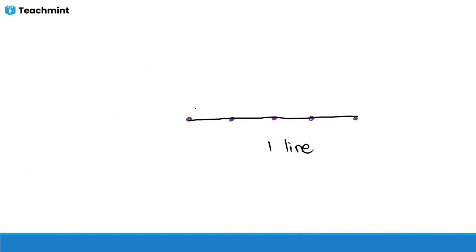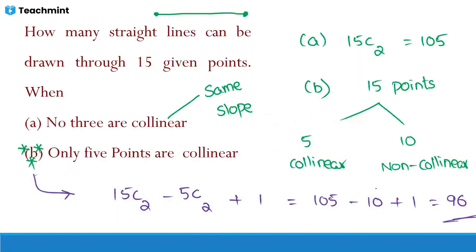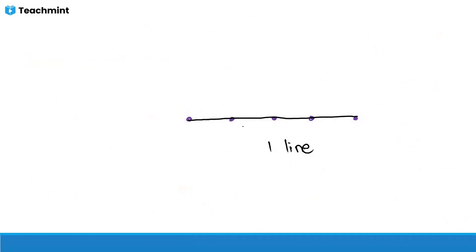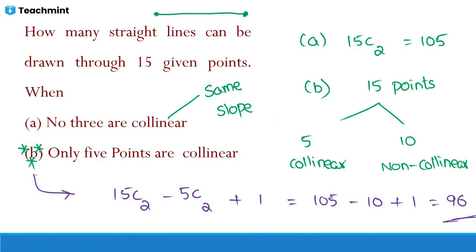So this is the reason. Here 10 is internally A to B, B to C, C to D, like that. Let's say these are the 5 points A, B, C, D, E. Don't say A to B one line, B to C one line, C to D, B to D. Like that you got 10 actually, and the 10 should be removed. You should consider the entire thing as one line only. That is what this plus 1 is. That is what this plus 1 is. 96.